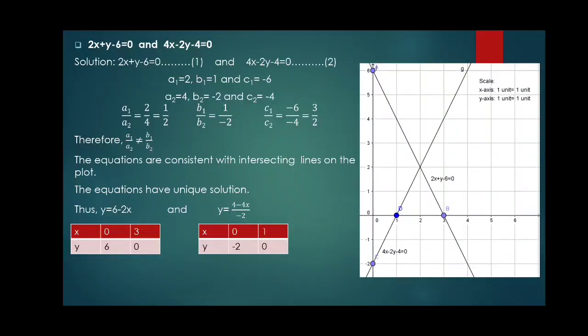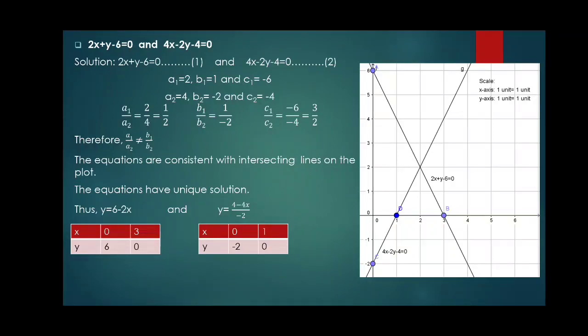Plotting the points, we get a graph like this, where line CD represents the equation 4x minus 2y minus 4 is equal to 0, and line AB represents the equation 2x plus y minus 6 is equal to 0. You can see the scale: on the x-axis 1 unit is equal to 1 unit and on the y-axis 1 unit is equal to 1 unit.